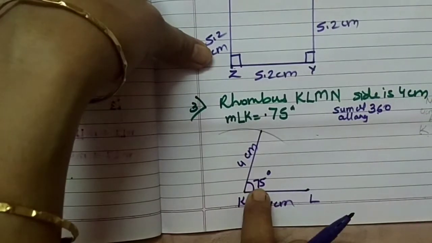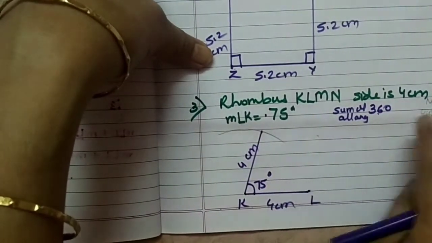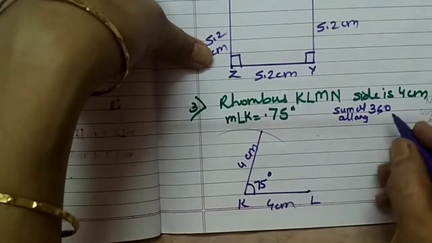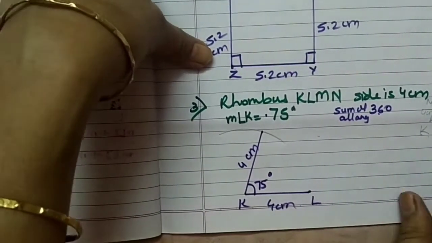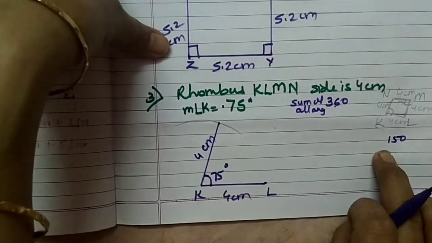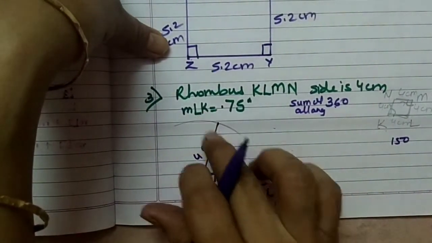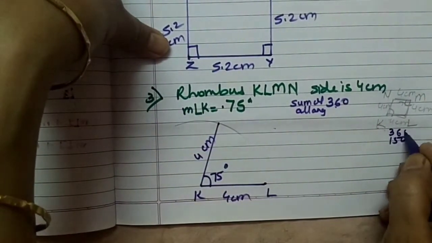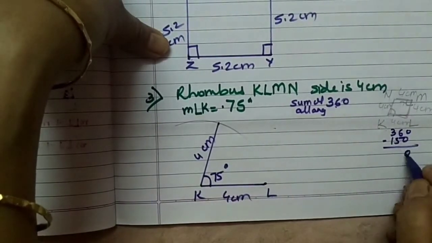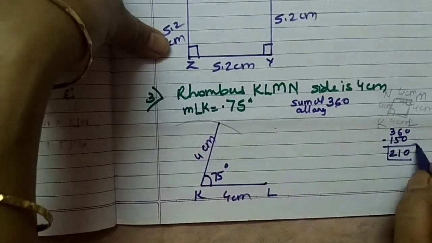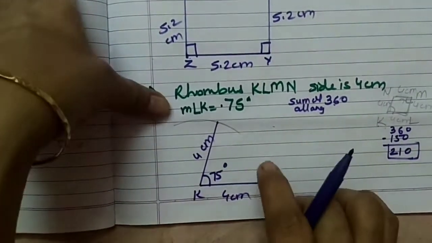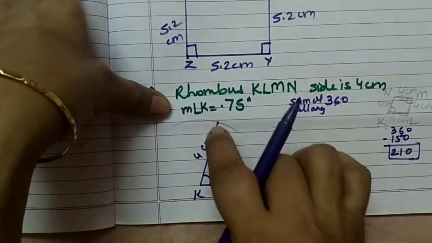Now one is 75, the opposite angle is also 75. 75 plus 75 becomes 150. So two angles total 150. What is the total of the remaining two angles? It will be 360 minus 150, that is 210. So 210 is the total of these two angles.